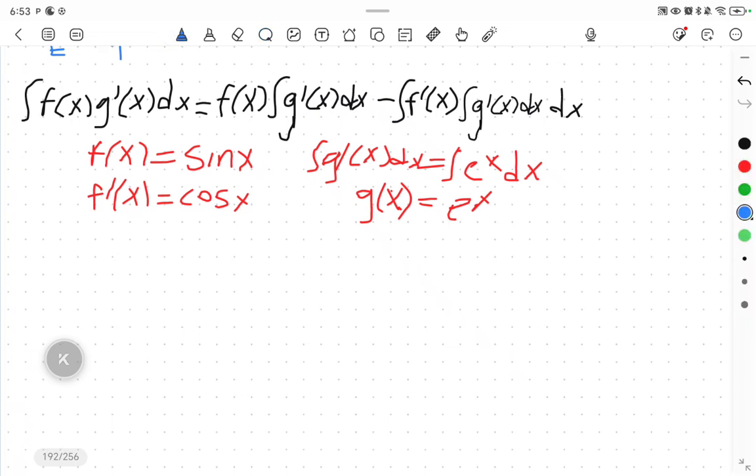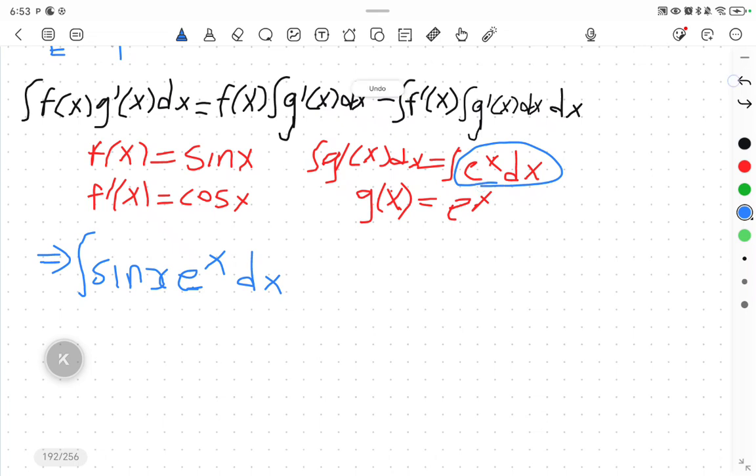So I'm just going to come back and plug in here. This will imply that f of x is sine x. The integral of g prime of x is e to the x dx. Yeah, this inside here is this, right? I have this, which is good. Here you just write the original question so you don't confuse things, right? F of x, we know it's sine x.